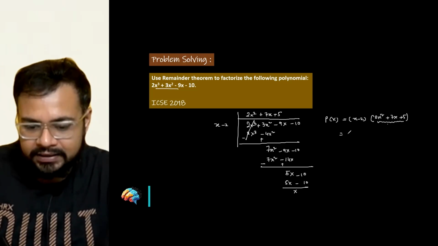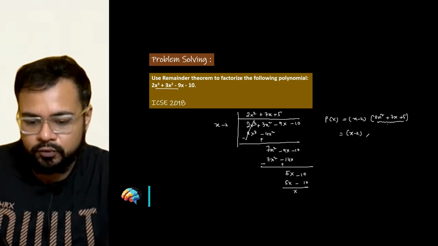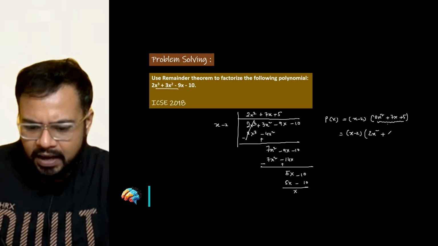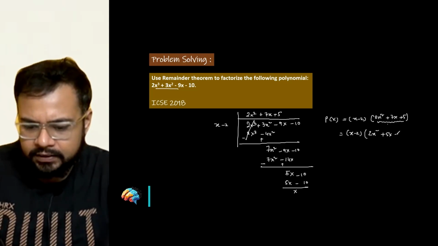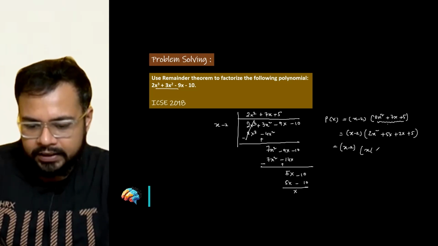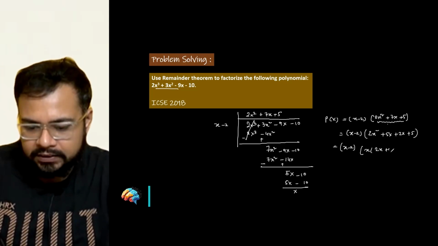So you can write it as x minus 2 times 2x square plus 5x plus 2x plus 5. Keep x minus 2 as it is. You can take an x common, that'll give you a 2x plus 5.